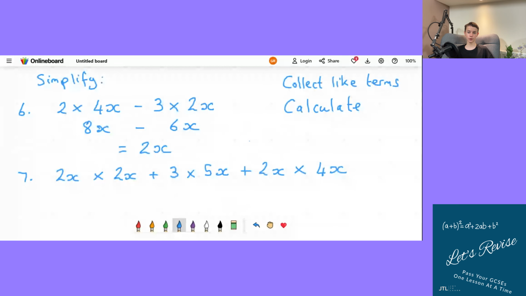Now this is our last question, and it is very long. But when you're writing, when you have to write x, make sure it's a curly x, like the one shown here, like after the 2x at the start. When you're doing times for multiplication, make sure it's a straight x.